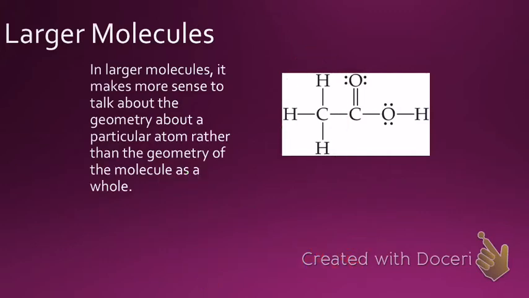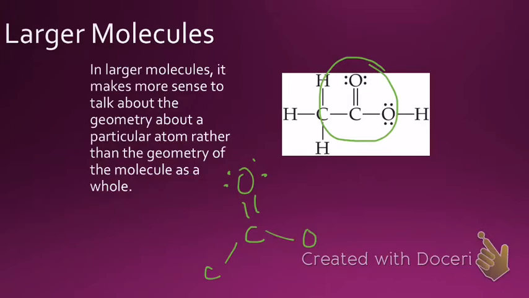So let's look at another part. This time, let's move over to this carbon. Okay, so let's redraw it. I'm just going to draw that part of the carbon. Okay, now if we look at this, we have to count the number of electron domains. We have 1, 2, 3 electron domains.